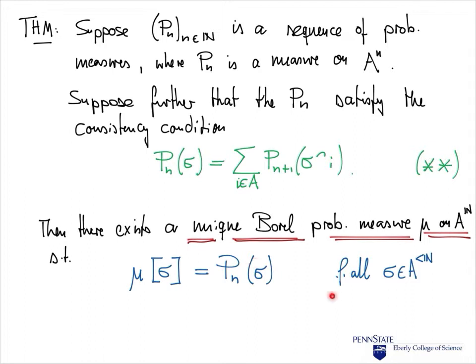And that, of course, holds for all strings sigma over A. As you can see from this theorem, the Kolmogorov extension theorem is just a different way of arriving at a measure on the sequence space, but the way is essentially the same, just now that we have this sequence of probability measures Pn, and they have to satisfy this consistency condition double star. Before we had the consistency condition star.